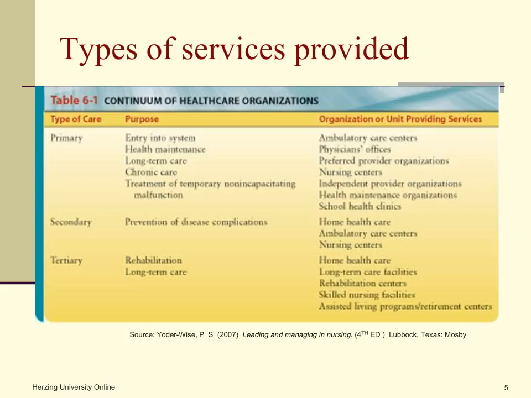Primary care emphasizes the promotion of health and prevention of illness or disability. Secondary care emphasizes detection and early intervention in illness to prevent further illness and disability, while tertiary care provides restorative or rehab services for patients with chronic or irreversible conditions.